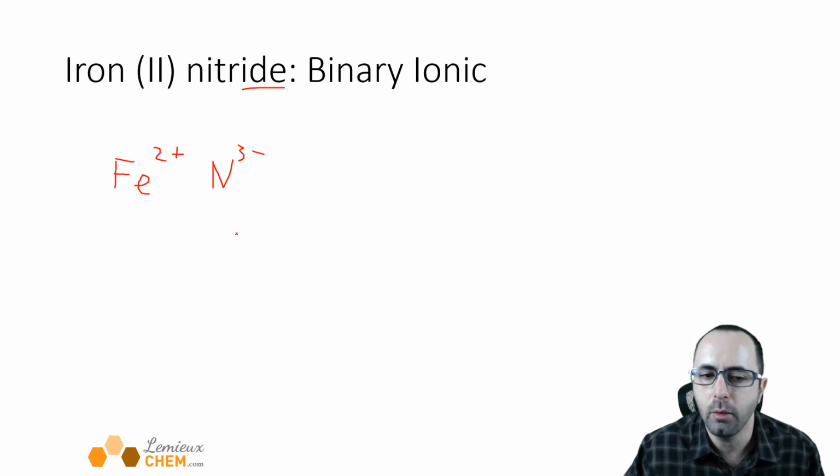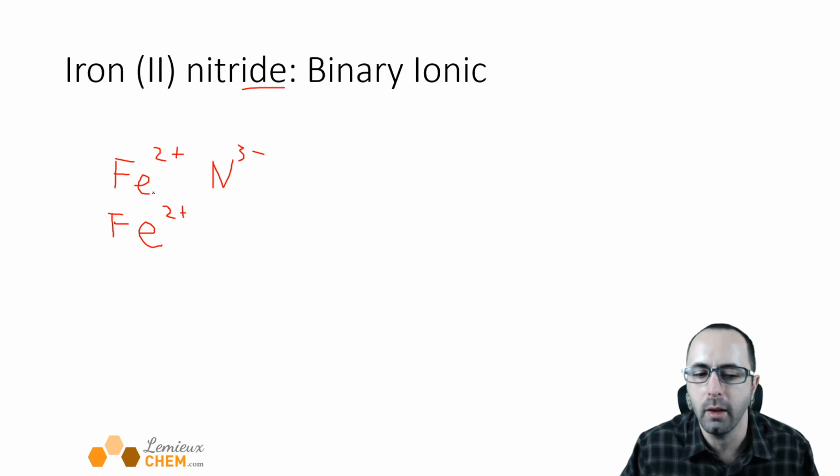It'll be -3 in charge, and now we have to make sure that our charges cancel. We've got too much negative, not enough positive. And so we can add another iron 2+. Remember, we can't change the charge. We have +2 ions here. We can't change the charge. What we can do is add more of them.